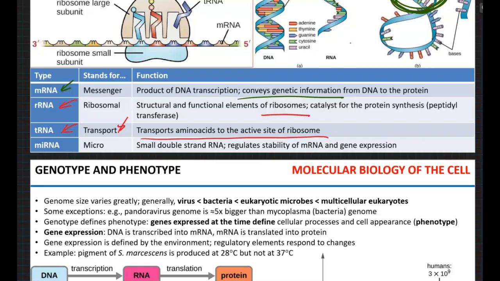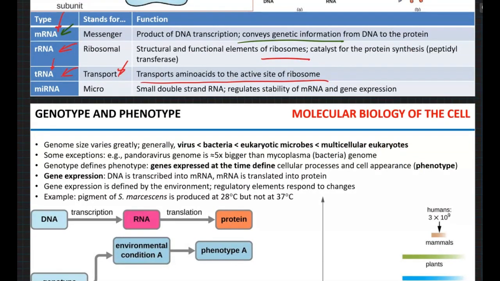Two types of RNA that students sometimes mix up are mRNA and tRNA, because they both carry. But while tRNA carries something tangible, i.e., an amino acid, mRNA carries information. Information.